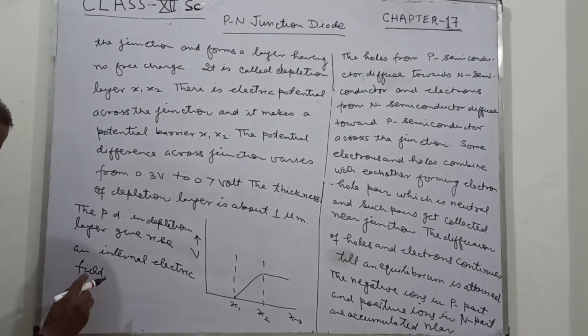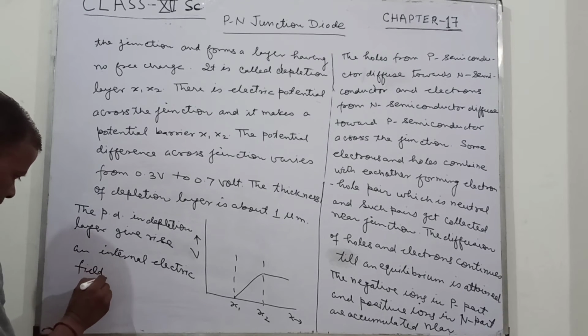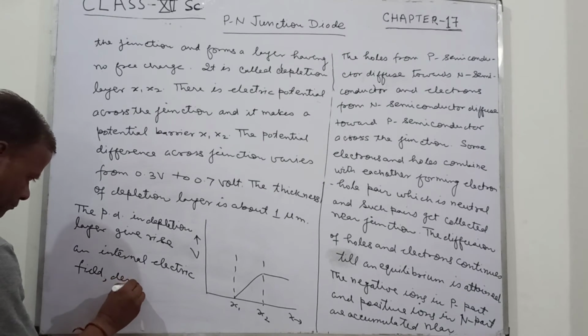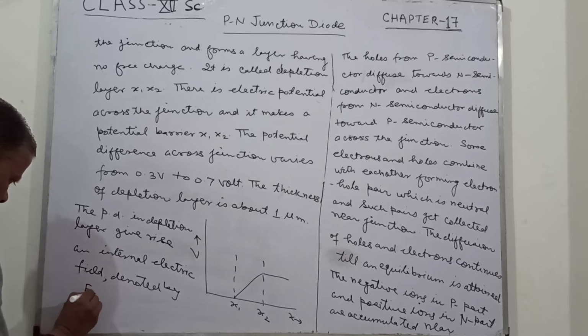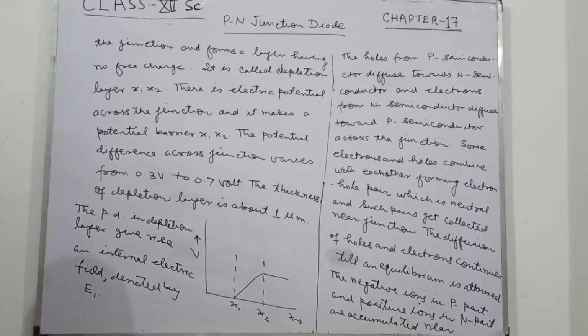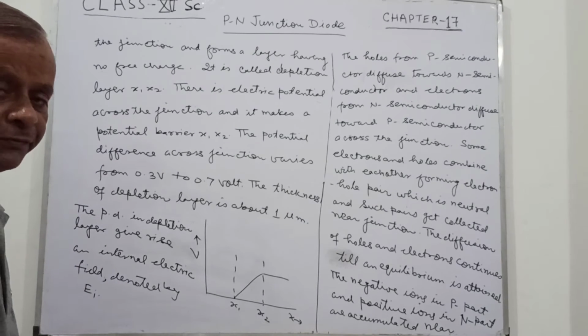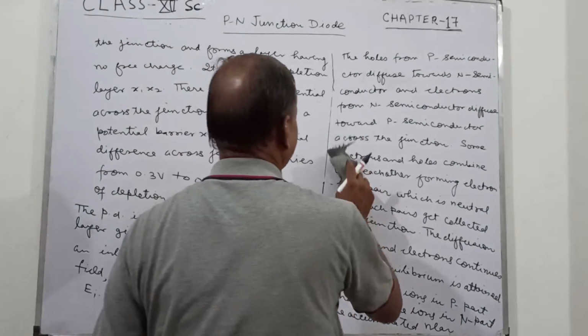The internal electric field is denoted by EI. Now this electric field stops the diffusion of electrons and holes.